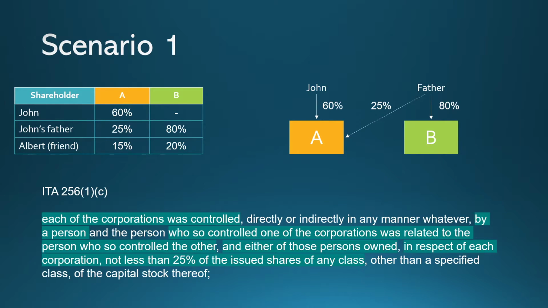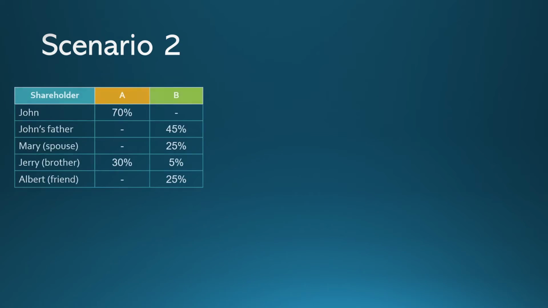Let's look at scenario 2. Scenario 2 has a different shareholder table. You can pause the video now to try to draw it out yourself. I'll go ahead and draw it myself now.